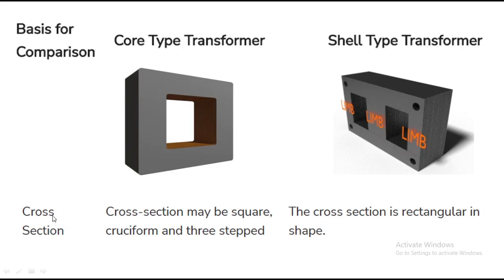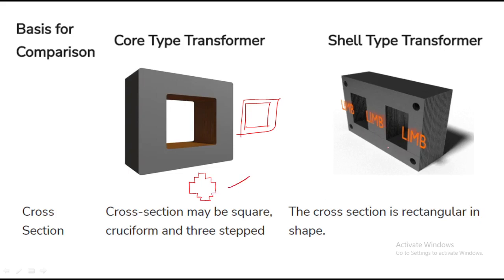So coming to the cross section, the cross section may be square. This is square type construction, or we can say cruciform and three step, or it may be like this, or it may be cruciform or square type, right?